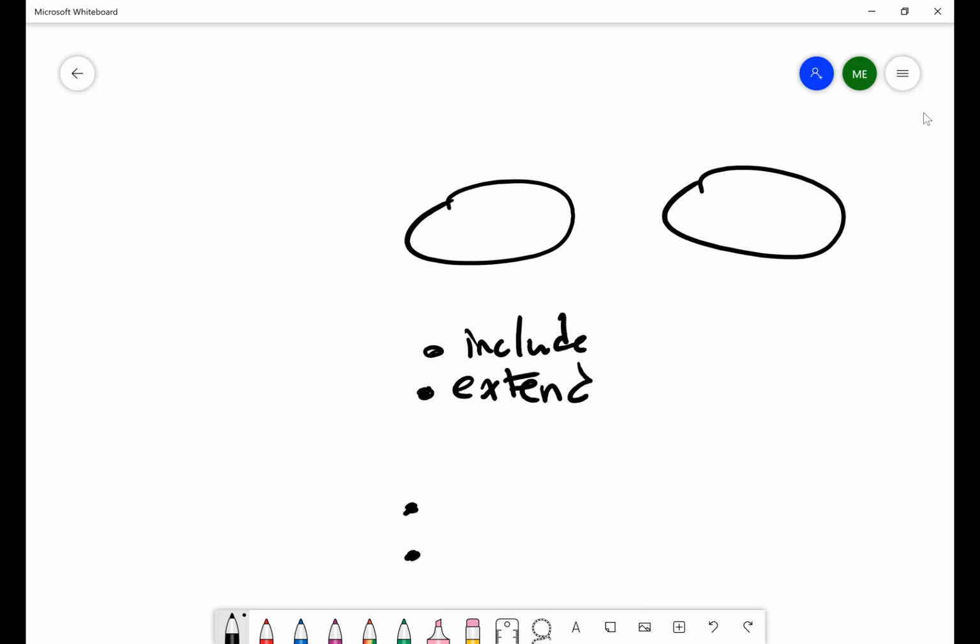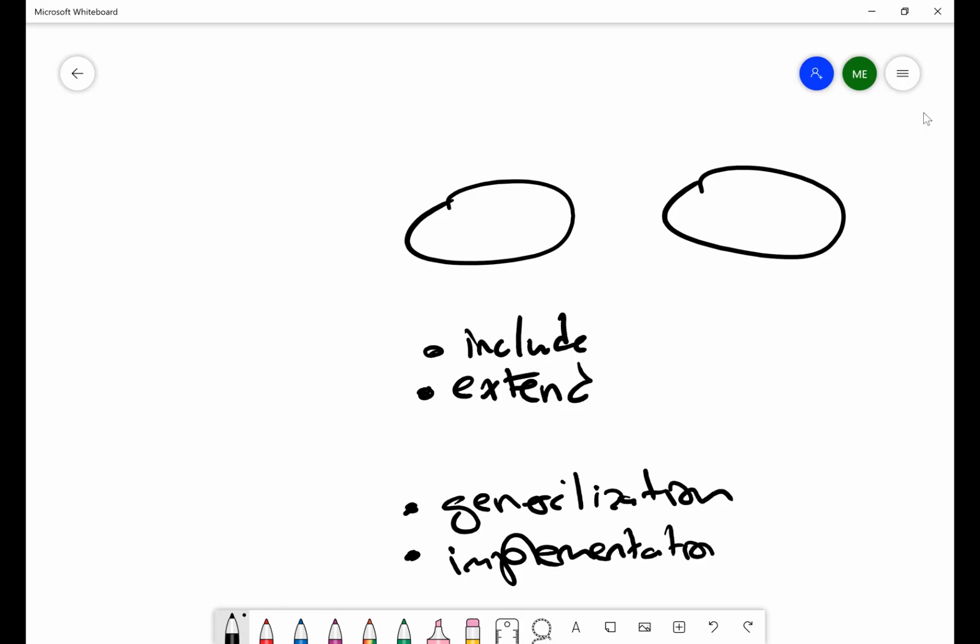Okay. And then we have the generalization, exactly. Generalization. I'm not sure if I got the spelling right. And we have implementation. Okay. And we like to think that these two are a pair of cousins. These two are another pair of cousins. We'll talk about how they are cousins in a minute.